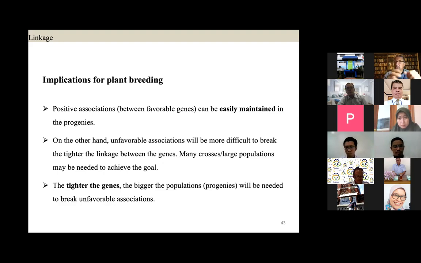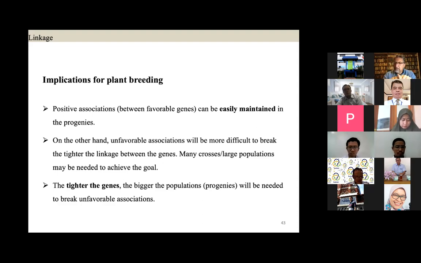So you need to cross this genotype to a recessive with different alleles, and then do a test cross again, to be able to break the association between the good gene and the bad gene.